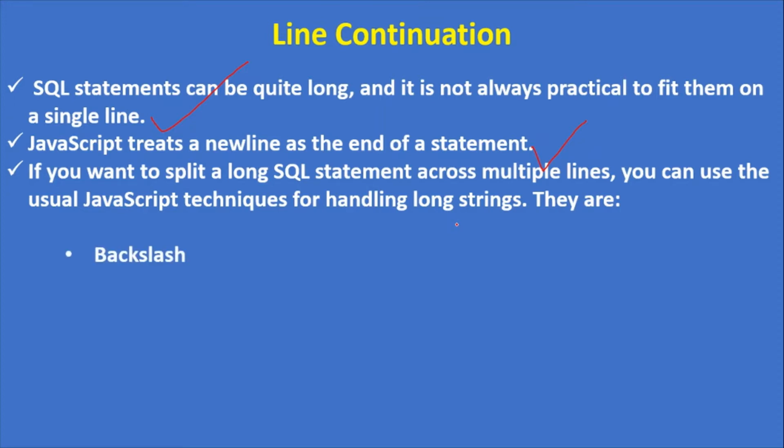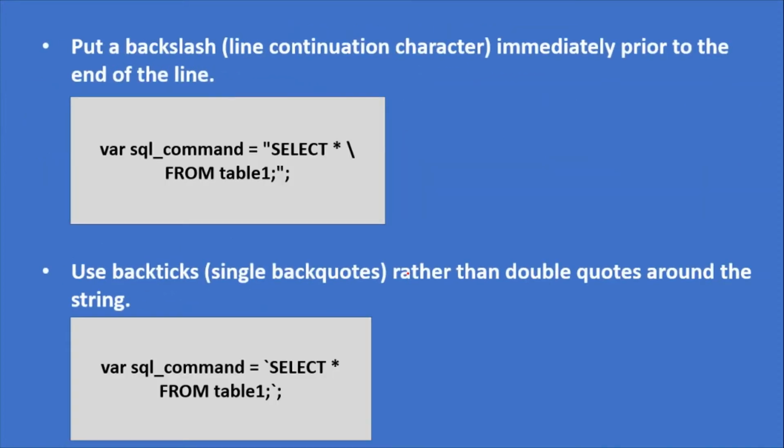The first is the backslash, the second is backticks, or third, accumulate the string. These are the three different options we can use to split a long SQL statement into multiple lines without affecting the SQL statement execution.